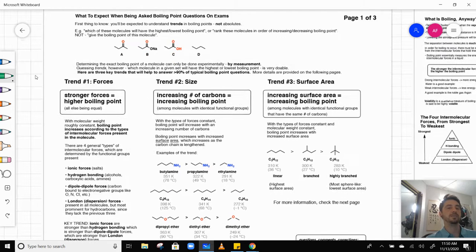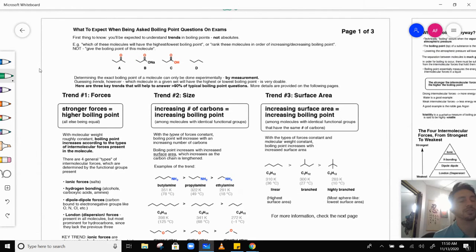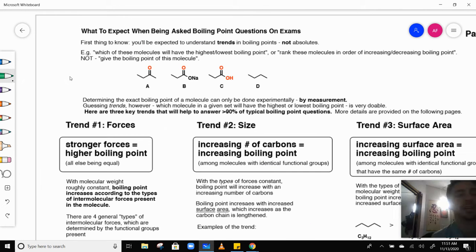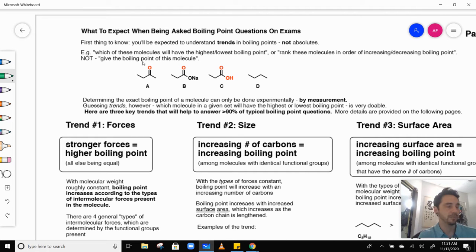Now typically these questions are not going to ask you what is the boiling point of this or that. They're going to give you a couple of different molecules and ask which one has the highest boiling point, which one has the lowest melting point, which one has the highest vapor pressure, that kind of thing.